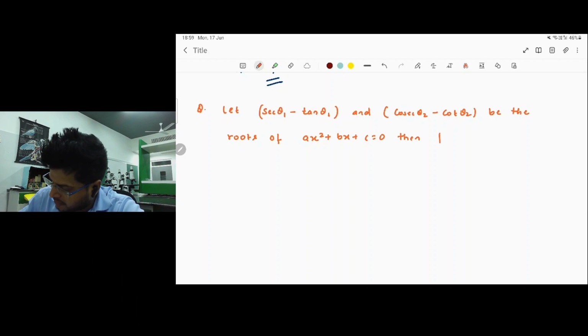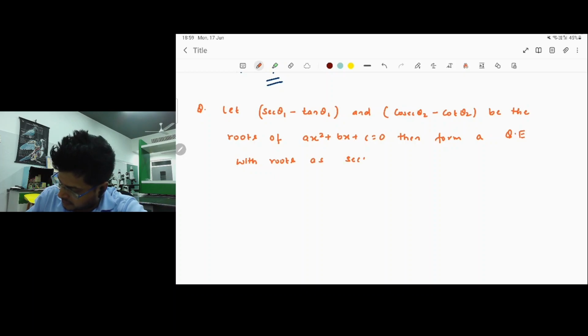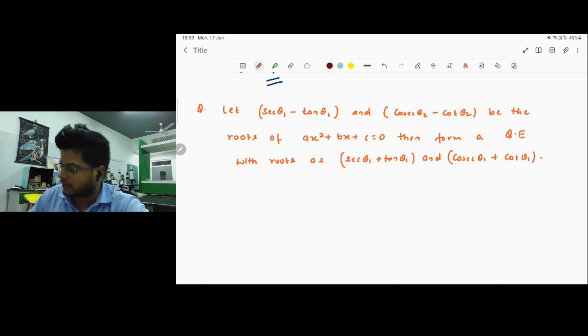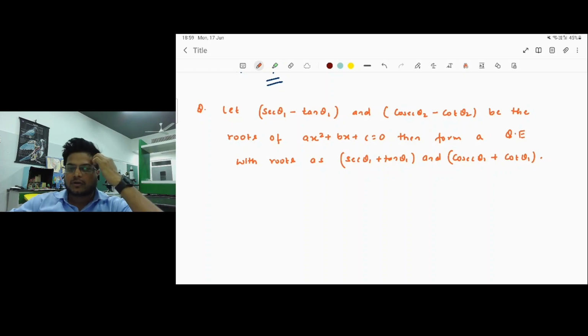Then form a quadratic equation with roots as sec theta 1 plus tan theta 1 and cosec theta 2 plus cot theta 2. Means there is a quadratic ax square plus bx plus c equals 0, whose roots are sec theta 1 minus tan theta 1 and cosec theta 2 minus cot theta 2.